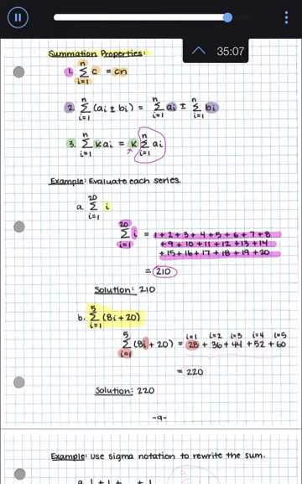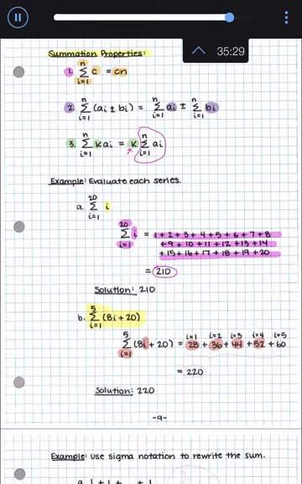Next one, plugging in i equals 2, we'll get 8 times 2 is 16, added to 20 is 36. Plugging in i equals 3, we'll get 8 times 3 is 24, added to 20 is 44. Plugging in 4, we get 8 times 4 is 32, added to 20 is 52.